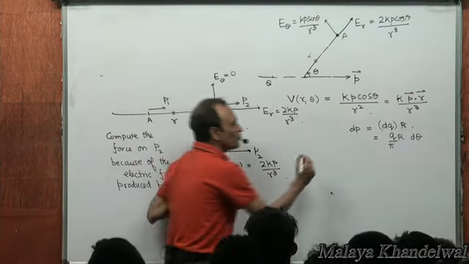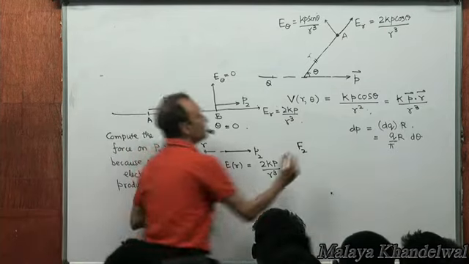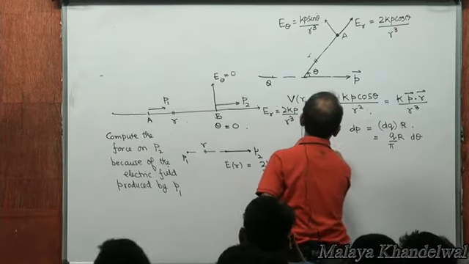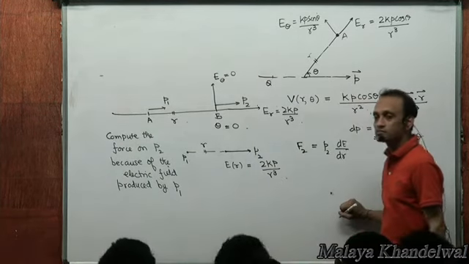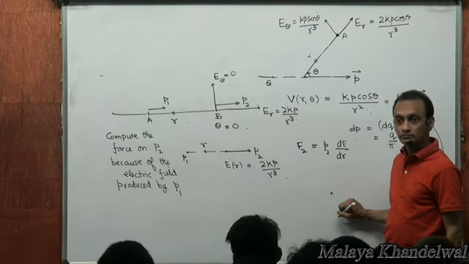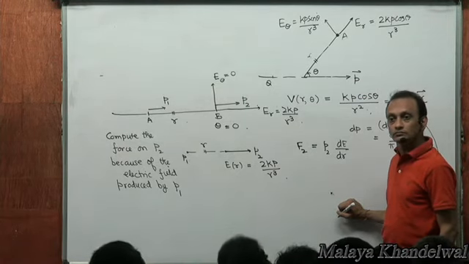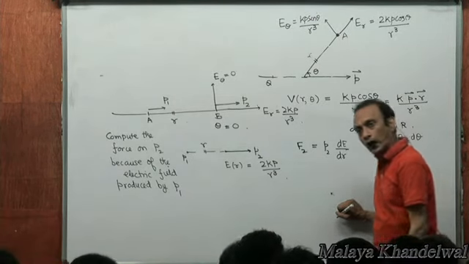Force on dipole P2, F2, is going to be P2, which is its dipole moment, into dE dr, the electric field to which it is exposed. That's the force on this dipole P2. It's aligned in the r direction. The electric field is varying only in the r direction.